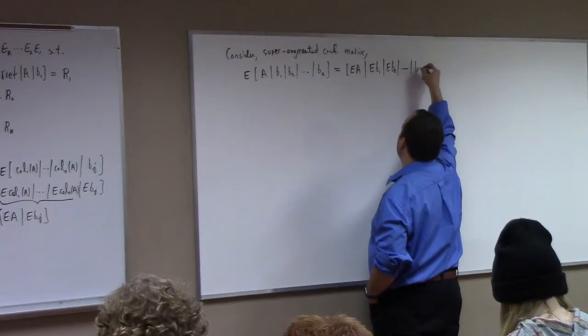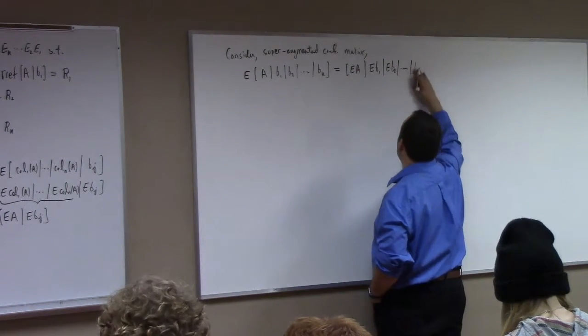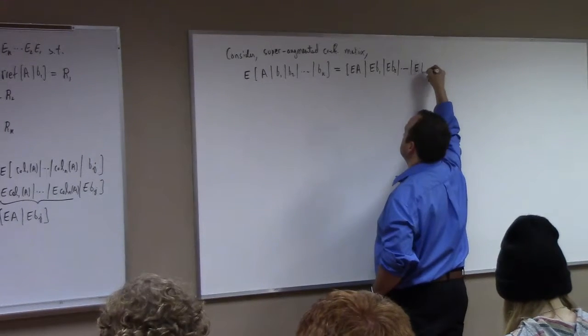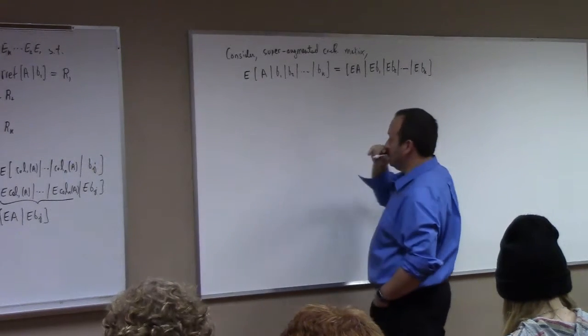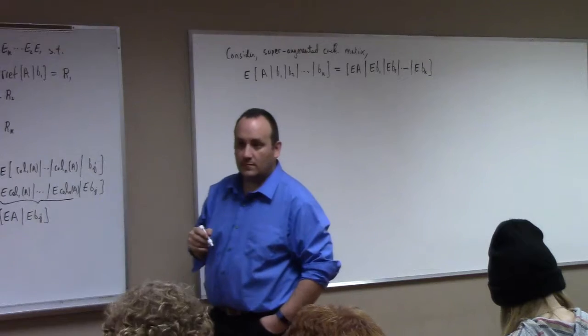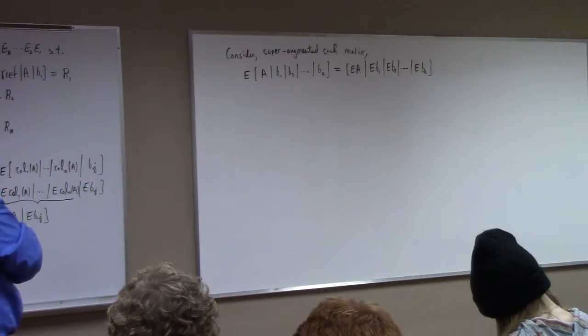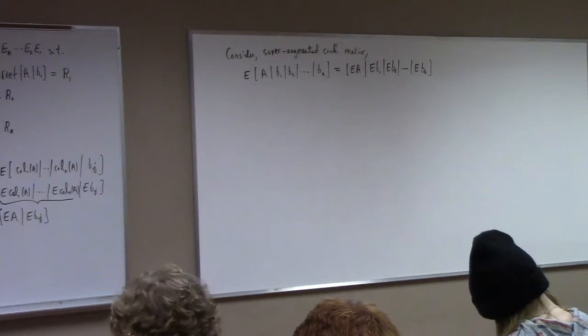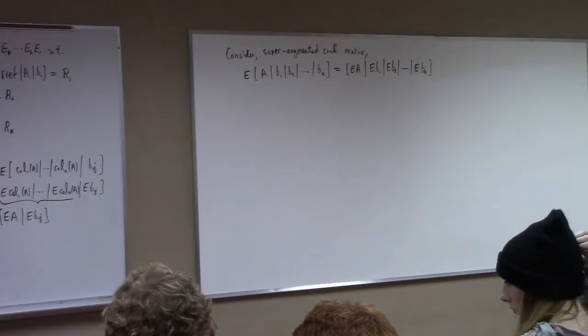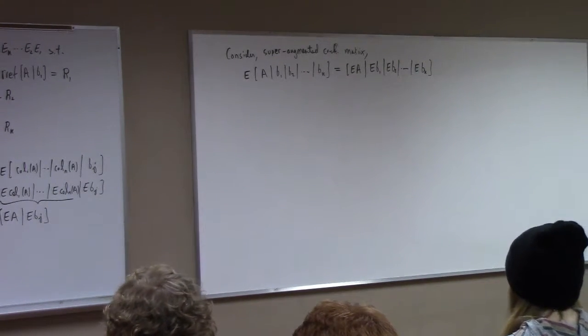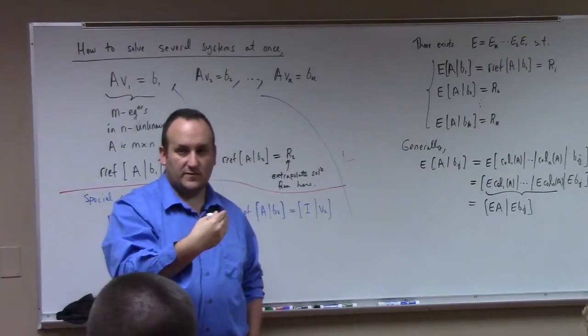By the row by column matrix multiplication rule, you notice that R1, R2, all the way on out to RK, the first n columns of those, they're the same.